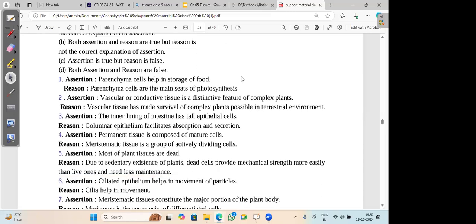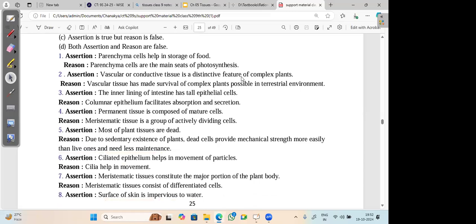Now, the second one. Assertion: vascular or conductive tissue is a distinctive feature of complex plants. Reason: vascular tissue has made survival of complex plants possible in terrestrial environment.